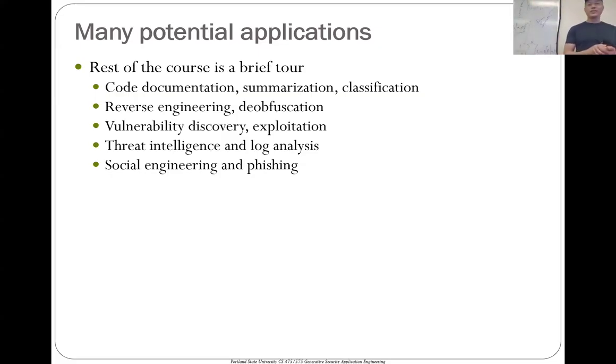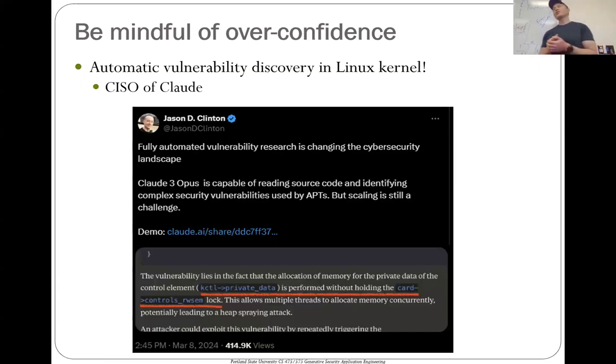Okay, one of the things I like to show people, because a lot of you are wrestling with models and realize how fragile all this stuff is, is to be mindful of overconfidence. About a year ago, the CISO of Claude posted this, where they're like, hey, this is groundbreaking.